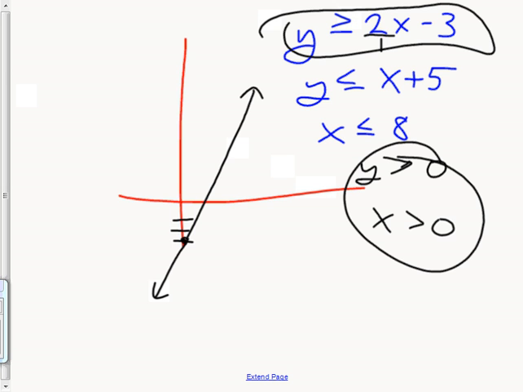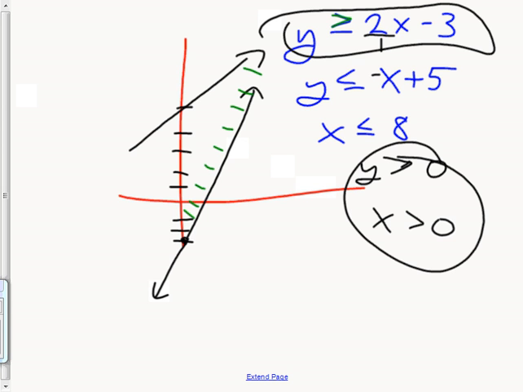Y is less than, okay, wait a minute. This one was greater than that, so I've got to shade above it. Let me go so far. Oh, nuts. I'm sorry, I missed something. I needed a negative right there because that will make that slope go down. Otherwise, you would have graphed it like this. And you did it right if you did this.